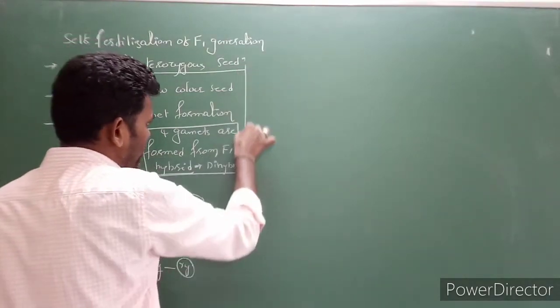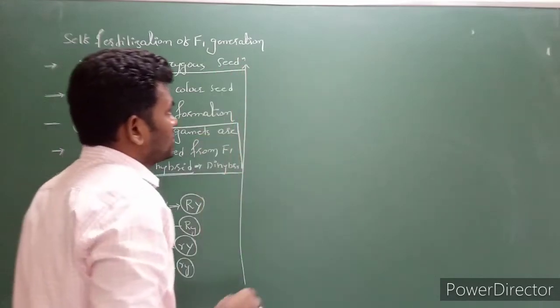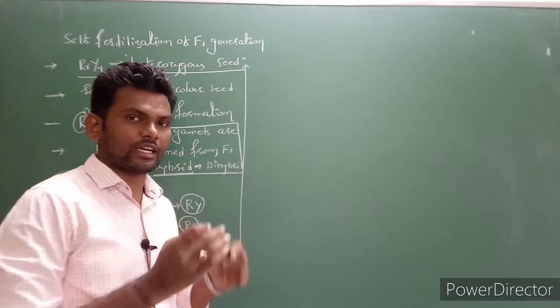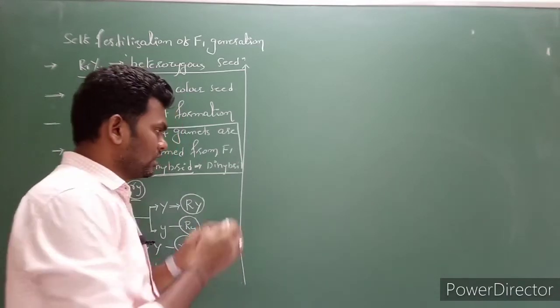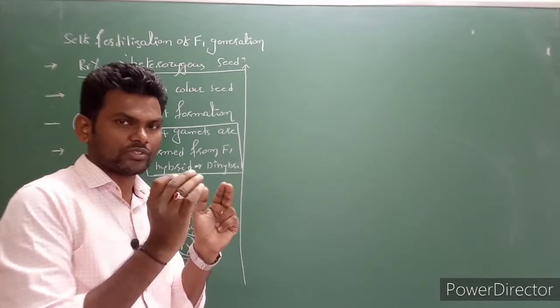Now what did he do? For understanding of inheritance, he prepared one checker board, the Punnett square. Each square indicates one zygote, nothing but one seed, one plant.